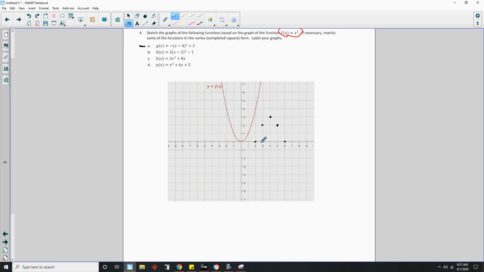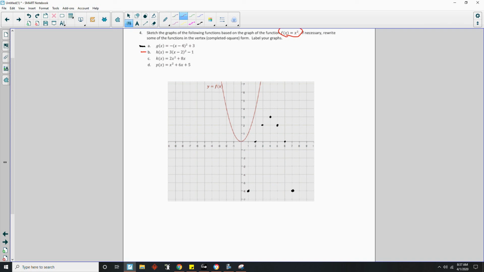And then this went up over 3, up 9. This will go over 3, down 9, which would bring us to negative 6, right here. Okay. And then go over 3 to the axis of symmetry, over 1, 2, 3, and there are the points. I'm not going to draw the lines this time. You can see where it's going to be.